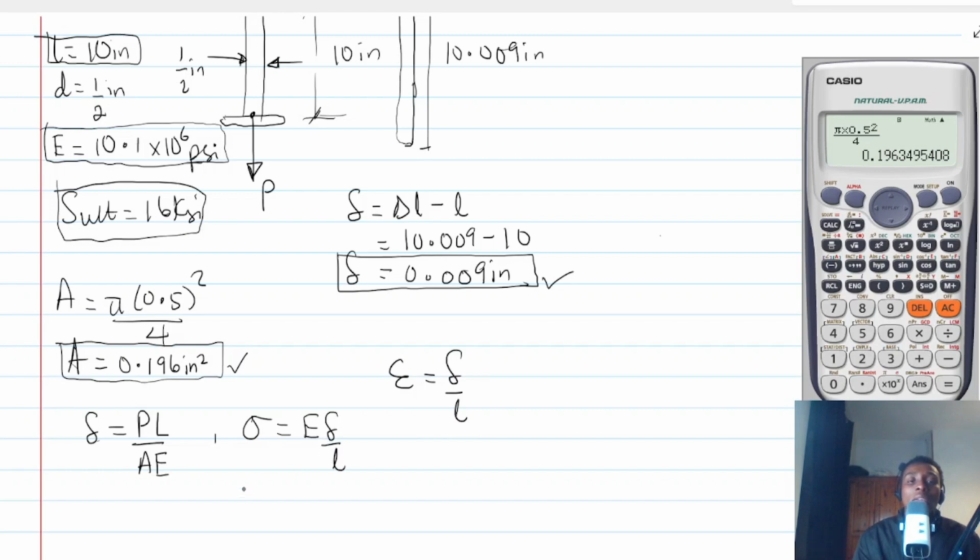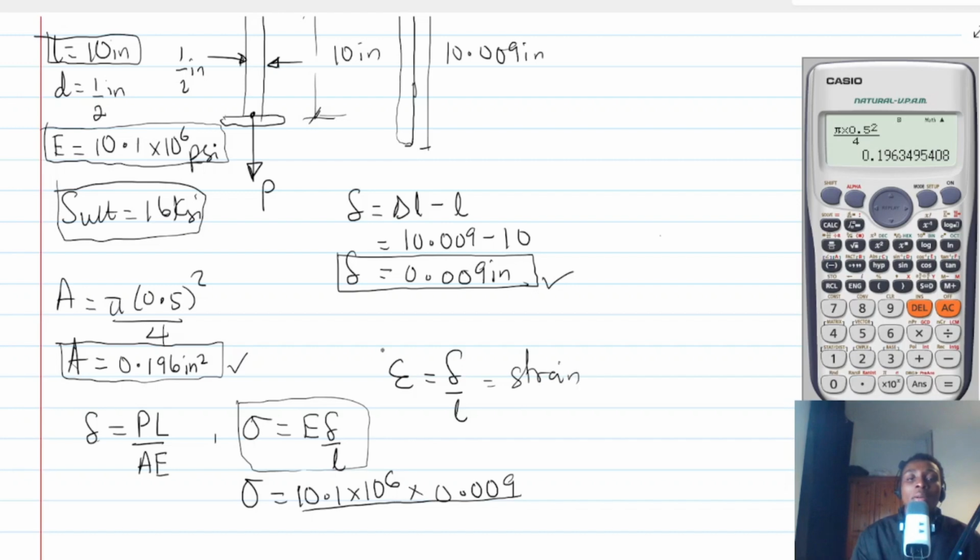The actual stress will be given by the Young's modulus, 10.1 times 10 to the power 6, multiplied by the elongation, 0.009, divided by the original length. In fact, this is the formula to use. This is called the strain.